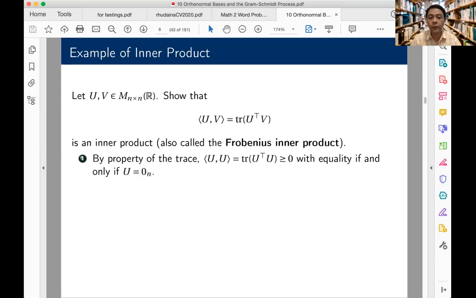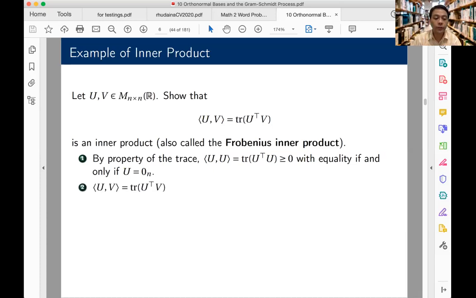By definition, the product of U with U is the trace of U transpose U. And we have shown by the last property earlier that the trace of U transpose U is non-negative, and it is only equal to 0 if U is the zero matrix. And that is the positivity axiom for an inner product.